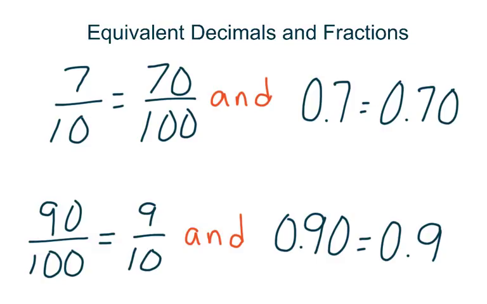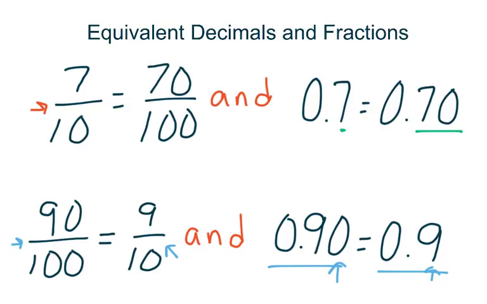We have 7/10 as a fraction, 70 hundredths, that's what it's equivalent to as a fraction, and then as a decimal, this is 7/10, and this is 70 hundredths. On the bottom we have 90 hundredths, so we're going from hundredths to 9/10, and again we say that last place value, 9/10.